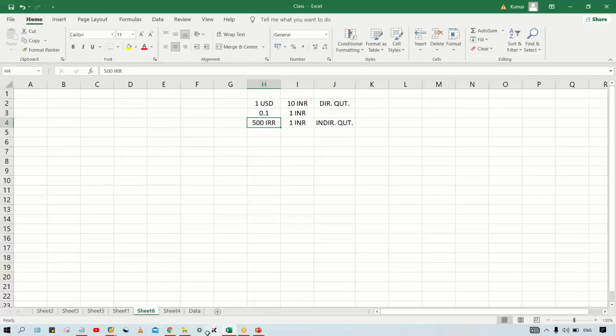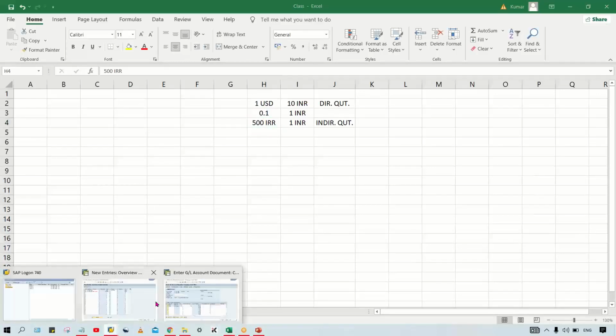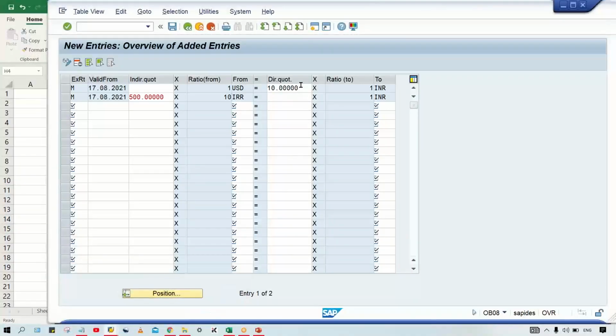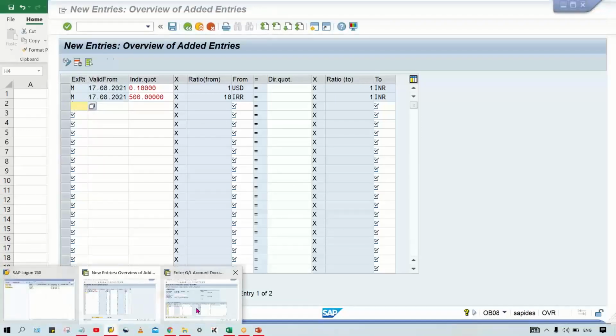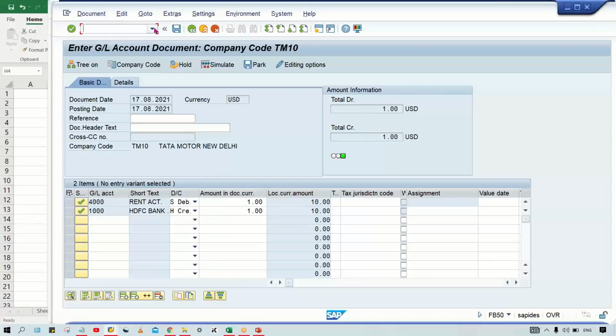So now here we can specify, if you want to specify the rate from direct quotation to indirect quotation, 1 INR equals how many USD? 0.1. So even if you specify this rate, the system is going to calculate 10 only.